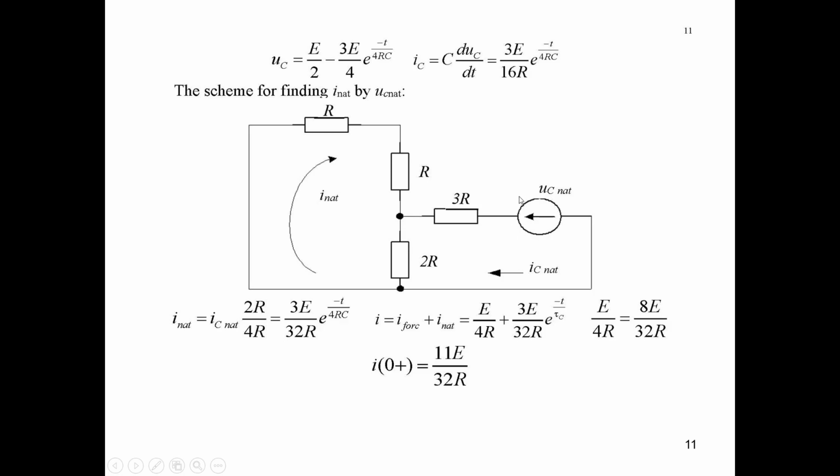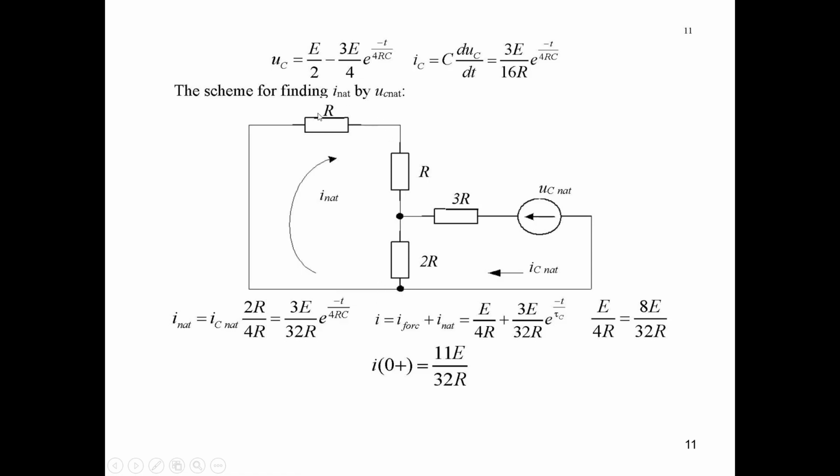it is here, presented as an EMF, but it may be presented as a current source, okay? And if it is a current source, we do know that the current here will be equal to this IC natural, and will not depend on the level of resistance connected in series with this current source, and therefore we have a current which flows to two parallel connected branches.